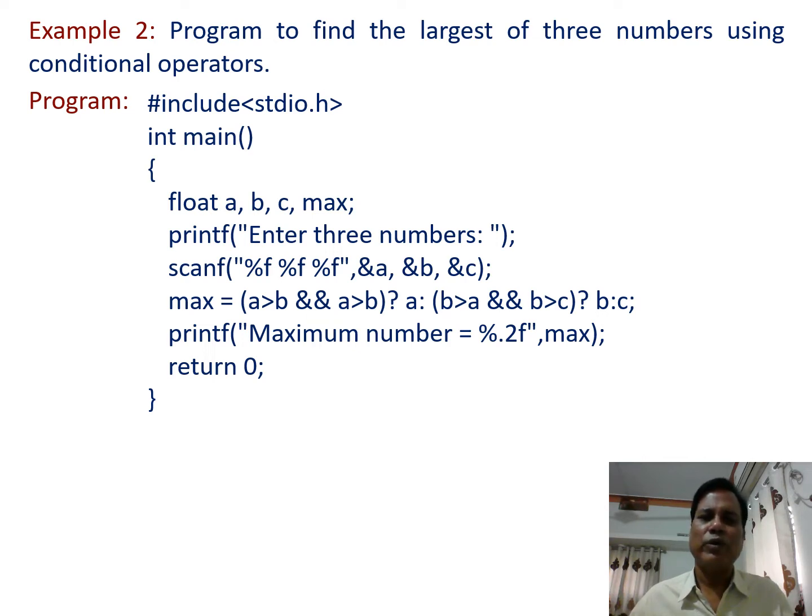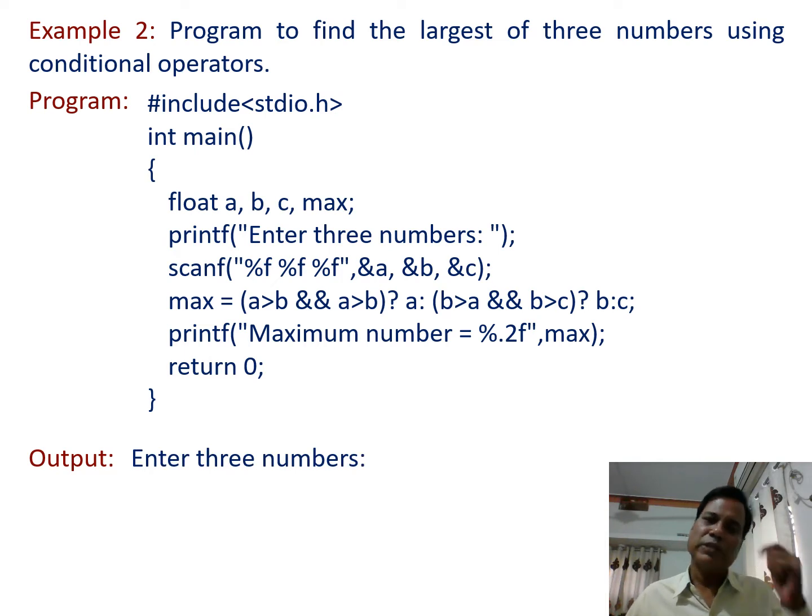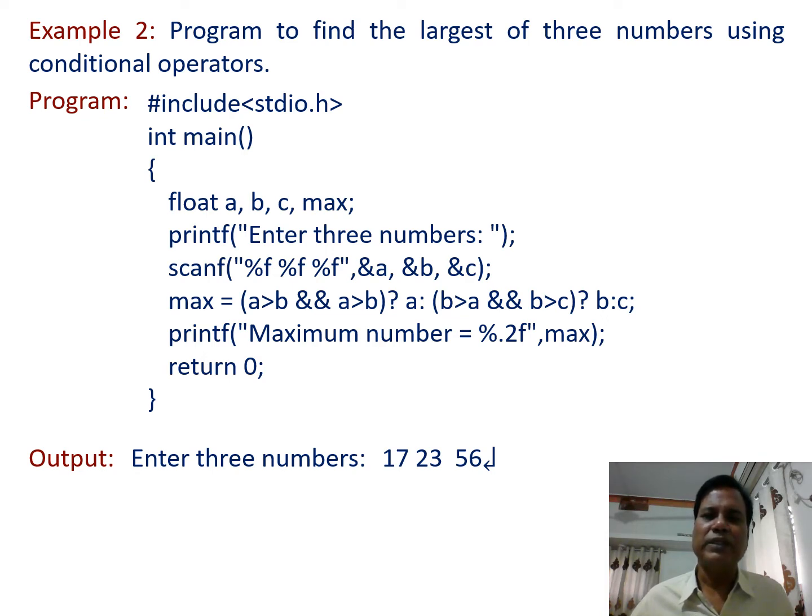When this program is run, the message to enter three numbers is printed on the output screen and the user enters the three numbers 17, 23 and 56 and presses the enter key. These numbers are taken in and stored in the variables a, b and c. That is, a stores 17, b stores 23 and c stores 56.